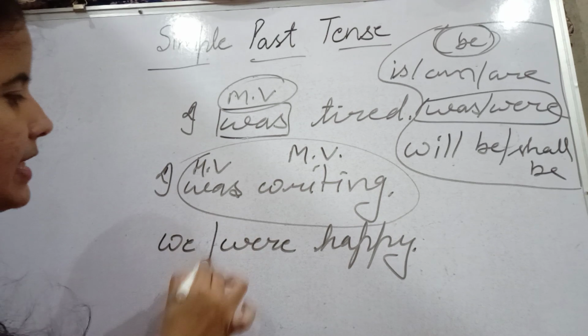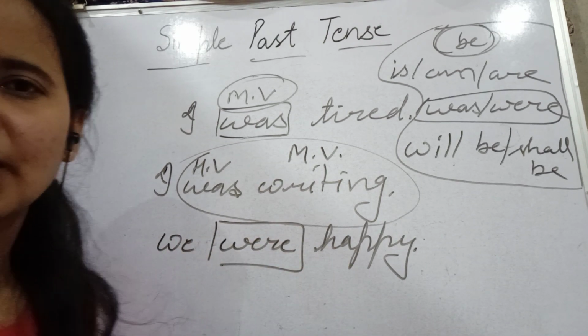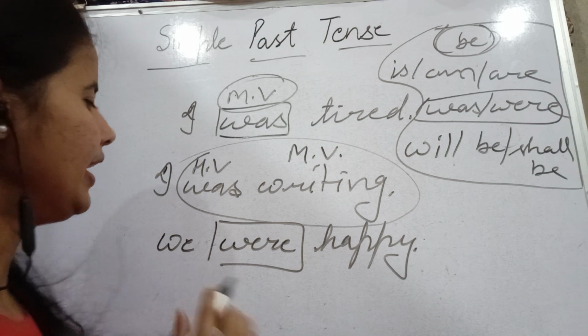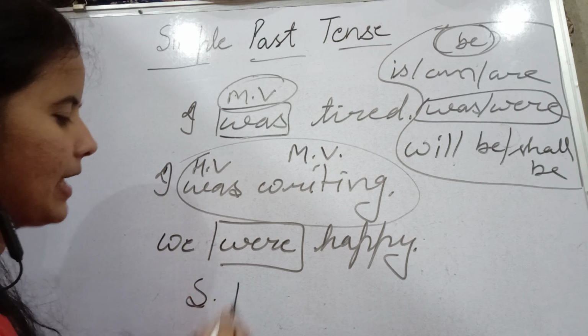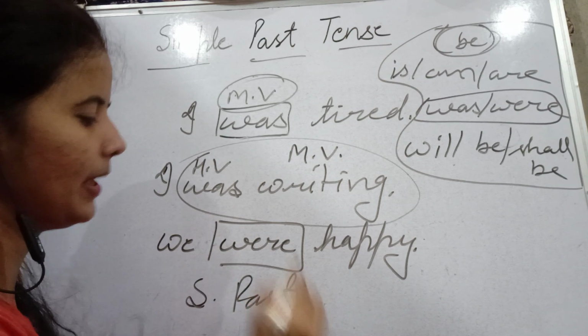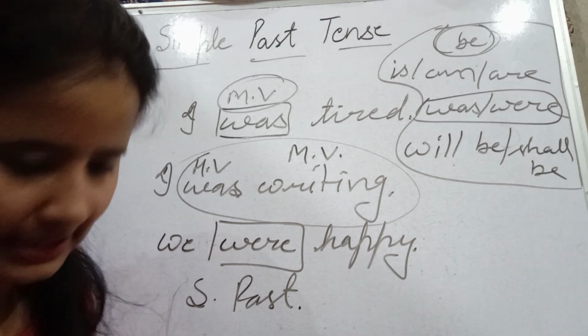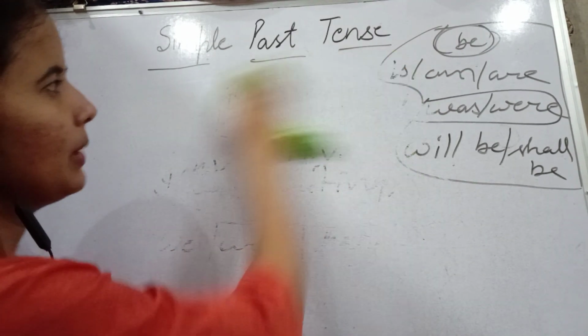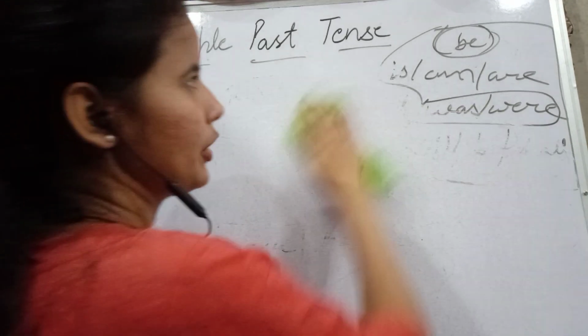Now you see, after the verb, V4 is not there, the ing form is not there. That's why it will be simple past tense. I hope you have understood how to identify whether it is simple past or past continuous tense.